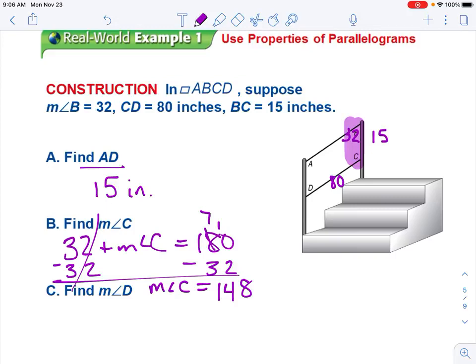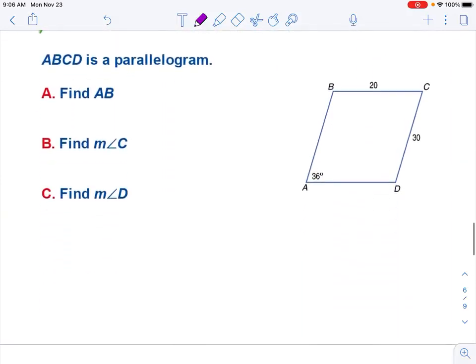It looks like 148 degrees. From there, to find the measure of angle D, we know that opposite angles are congruent. So you can say that the measure of angle D is just 32 degrees. All right, pretty easy, right?